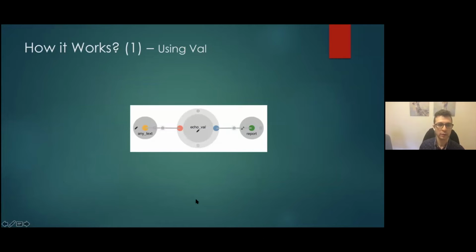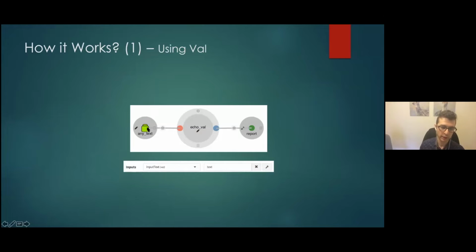Okay, so now let's start creating the simplest pipeline to understand how it actually works. I'm going to use this val block right now. The reason that this val block is created, again, is because of this input parameter. This input is created in a val format, that's why this block is created in a val format.